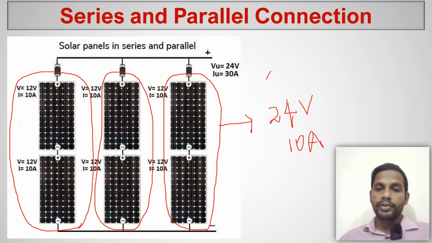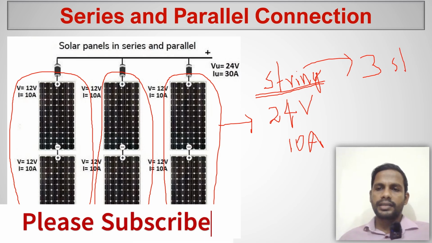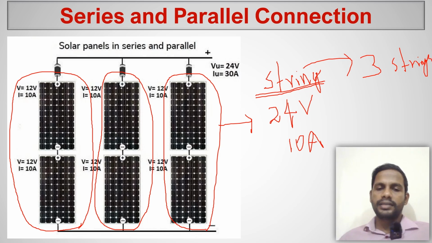We're talking about strings here. This connection is easy for you to understand today's entire topic. This is a string. So how many strings do we have here? We have three strings. Each string has 24 volts, 10 amperes, because of the series connection of these two modules.